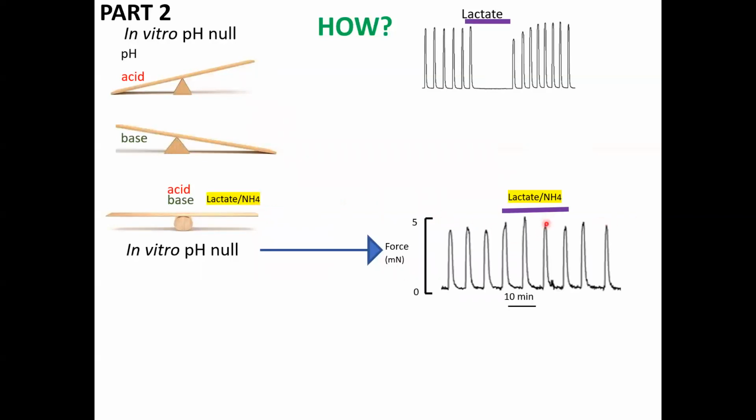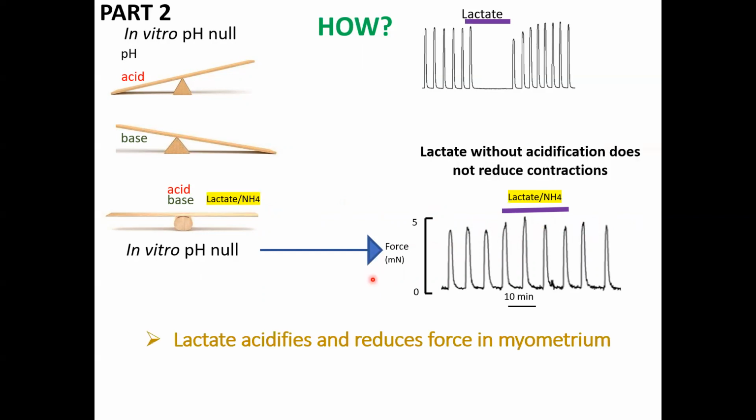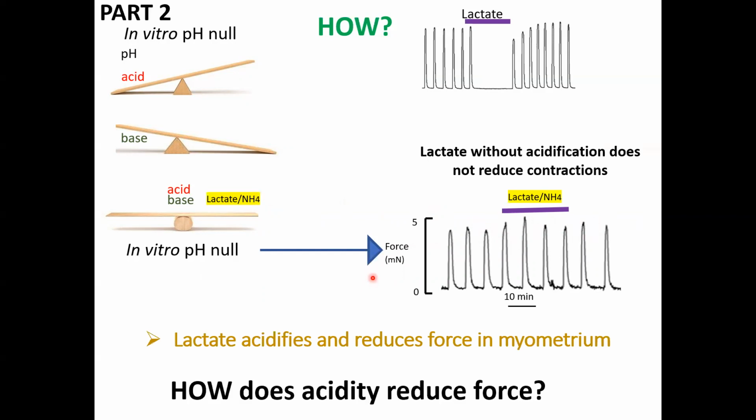And the answer is very clear. Without the pH change, lactate does not reduce the contractions. In other words, we're not seeing this as a metabolic effect, it's a pH effect. So lactate acidifies and reduces force in the myometrium.